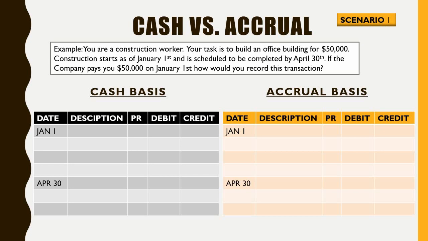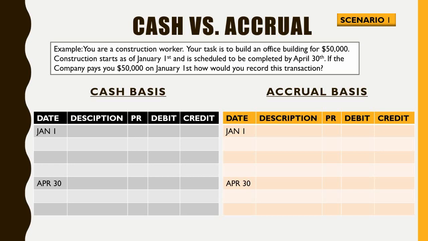If the company pays you $50,000 on January 1st, how are you going to record this transaction? If I get paid in January on the cash side, when am I going to record that the service has been done? When am I going to recognize this revenue?